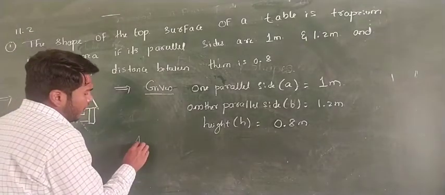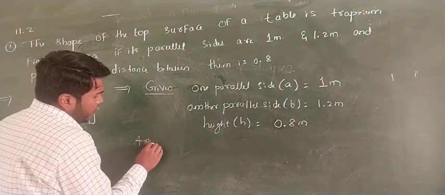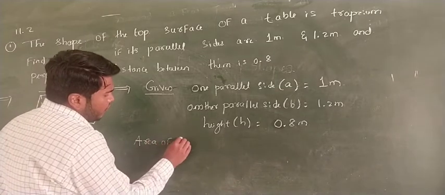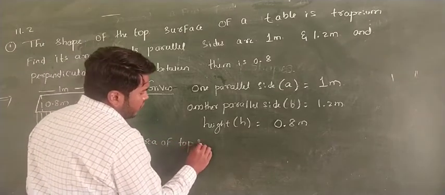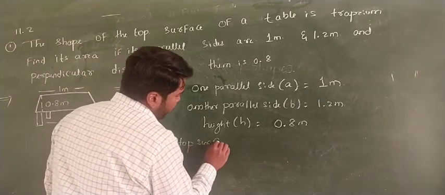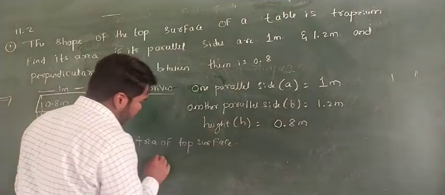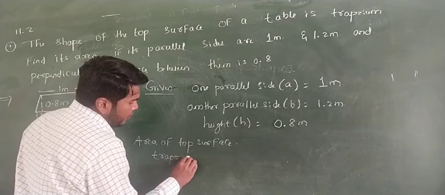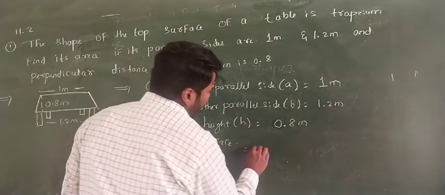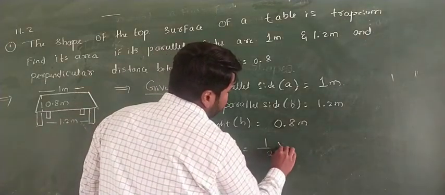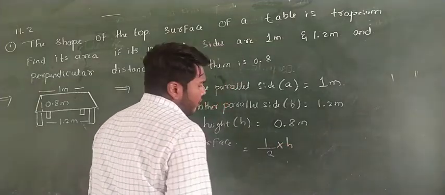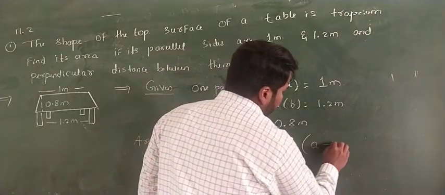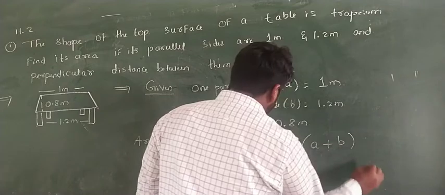So you know that the area of a trapezium is equal to half into altitude into the sum of the parallel sides, that is A plus B. So this is the formula.